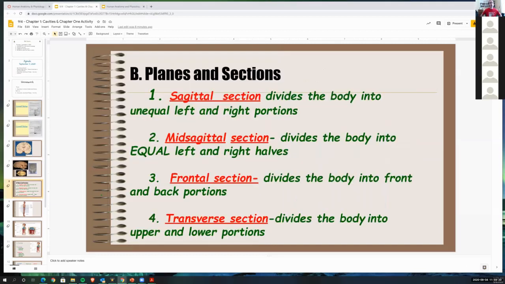So please write the letter B, period, and write the words planes and sections.